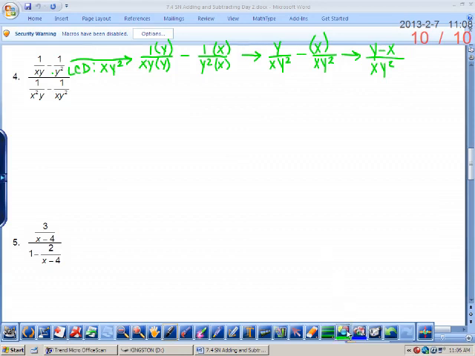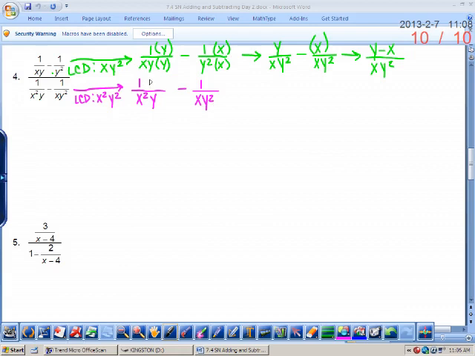Okay. Now, we're going to simplify the denominator. What LCD do we want to use for the denominator? Great. X squared, y squared. What do we multiply this first one by?